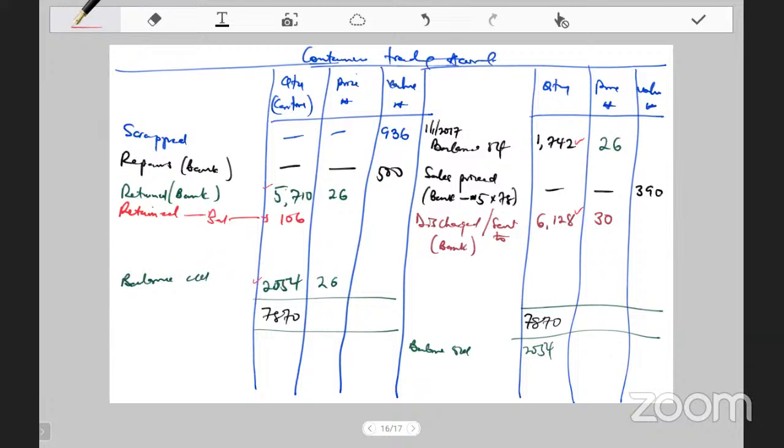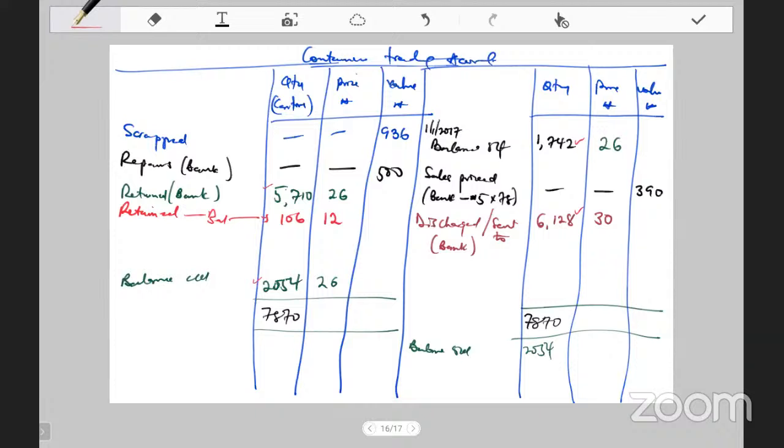7,870 minus 5,710, and then minus 2,054 gives 106. Okay, sir. So do we get that? And please, it should be at the book value. What's the book value? 12 naira.